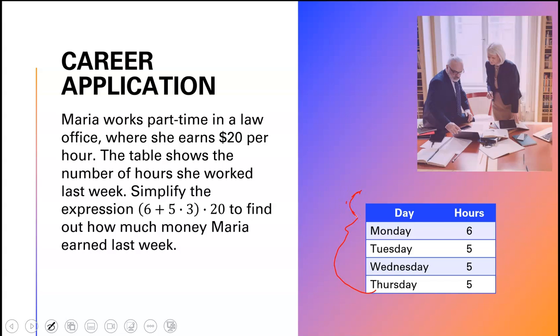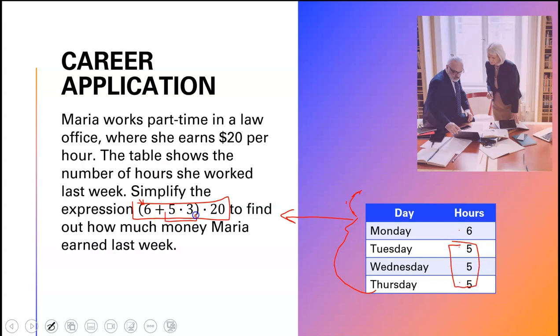So let's take a look at the table. We got 4 days, 6 hours on Monday, 5 hours on Tuesday, Wednesday, and Thursday, and see where they might have come up with the numbers in the expression given. Well, 6 is the hours worked on Monday. There are 3 5-hour days.